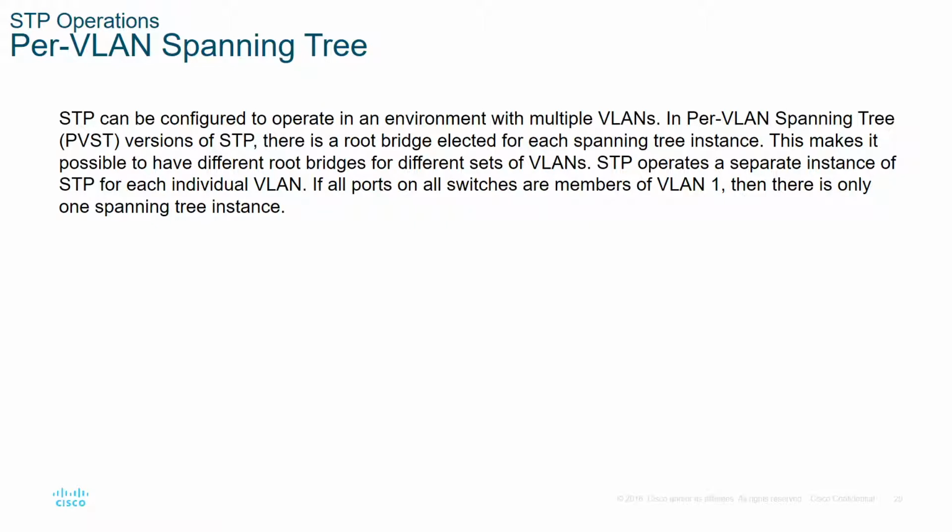So PVST versions of spanning tree protocol means that you can have your spanning tree protocol running with different VLANs, and it will then treat those switches differently depending on which VLAN it's operating within, which is really quite exciting from the point of view of managing redundancy over multiple VLANs over multiple switches. So that's a really good thing.